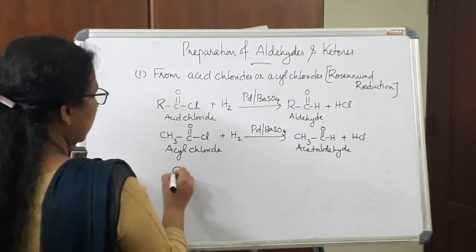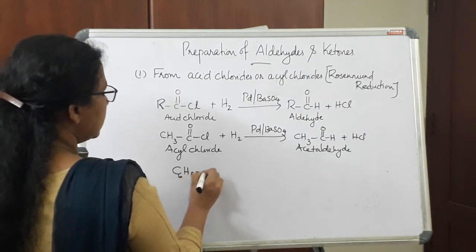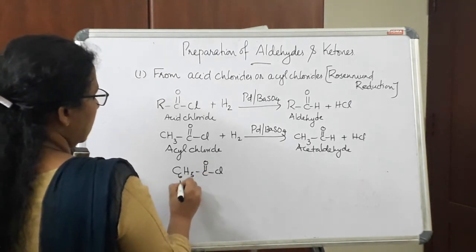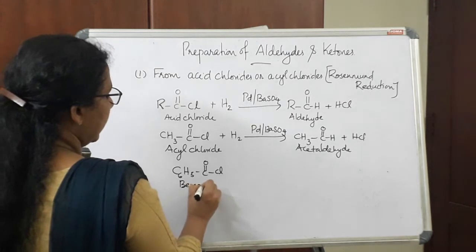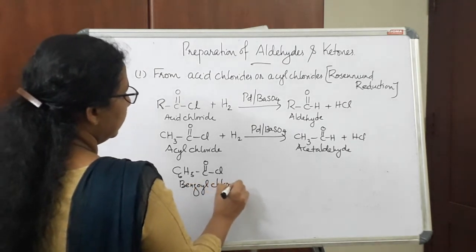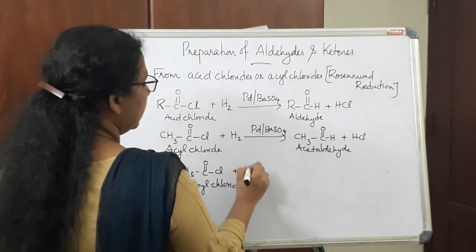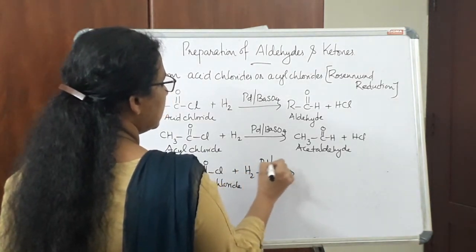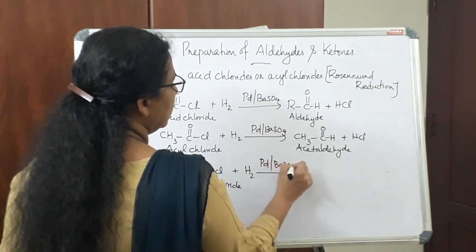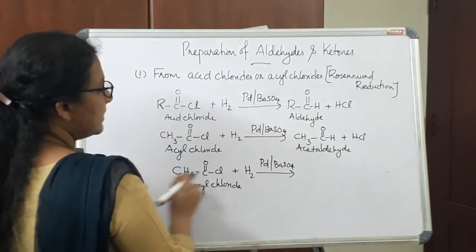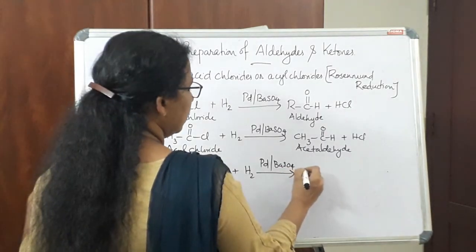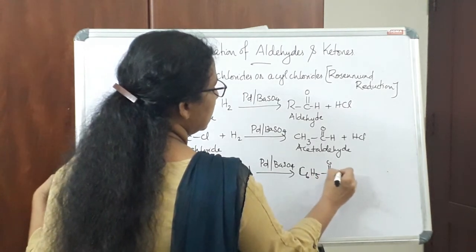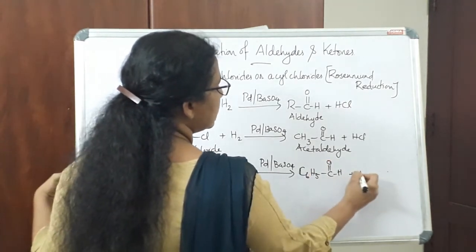Now we can take an aromatic compound, C6H5COCl. This is called benzoyl chloride, which on reduction, that means addition of hydrogen in presence of palladium and barium sulfate, gives C6H5CHO plus HCl.